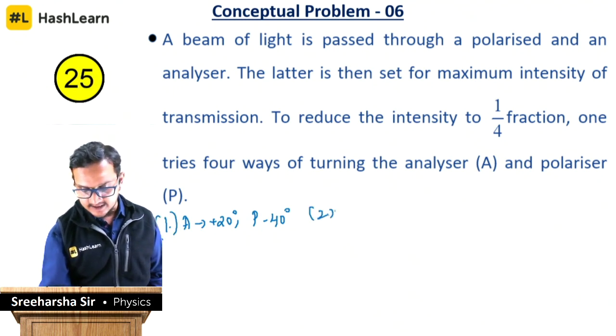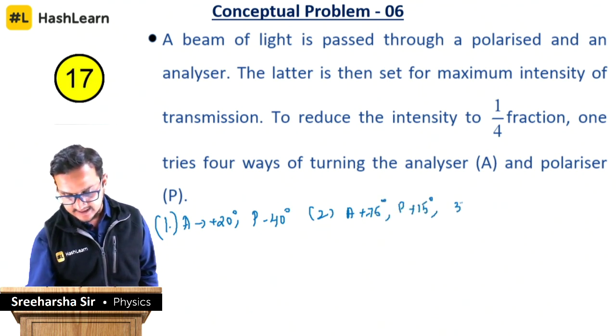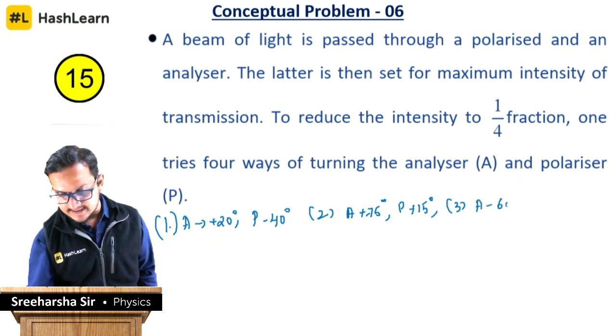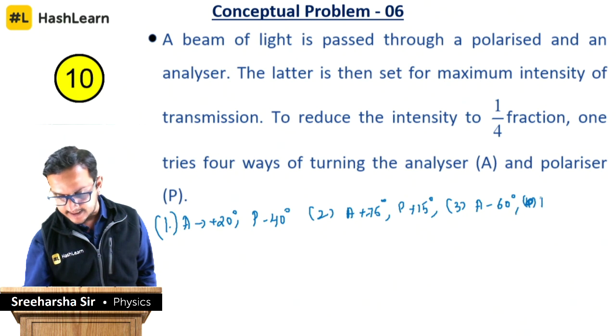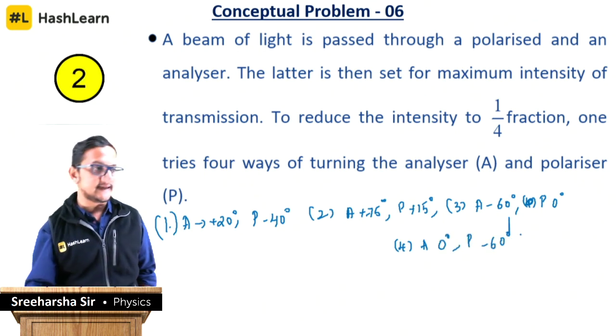The second option is analyzer by plus 75 degrees and polarizer by plus 15 degrees. Third option, analyzer by minus 60 degrees and polarizer by 0 degrees. And the fourth option is analyzer by 0 degrees and polarizer by minus 60 degrees.